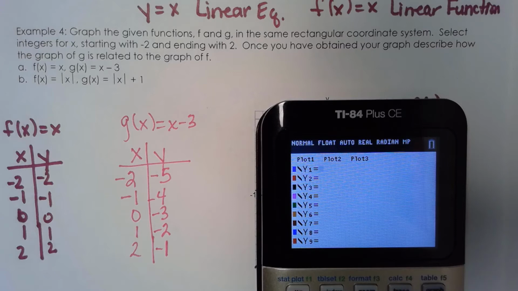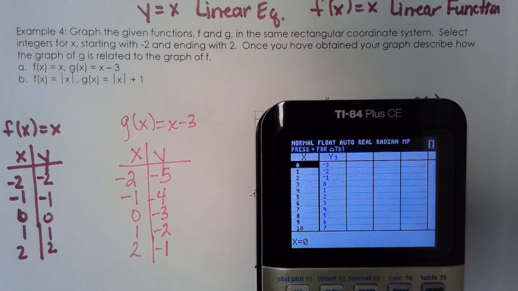Now if you want to, let's go and plug in x minus 3, and press your table feature. So second and graph, and then you can see your values for -2 through +2.